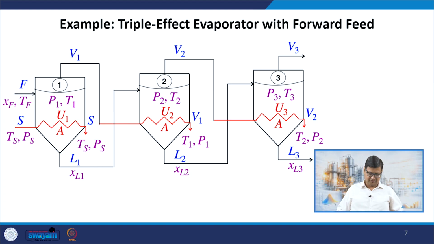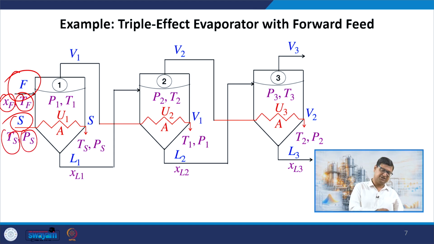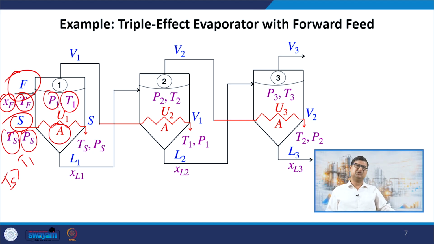So the feed is F, in terms of mass per unit time, at some temperature and some mass fraction of solute, and then there is fresh steam, again mass flow rate per unit time S, at some temperature and some pressure. Both enter the first effect, operating at some pressure and temperature, P1 and T1. What is key is Ts must be higher than T1, and it has some area. Let us assume that it has some heat transfer coefficient for the heat exchange, U1.